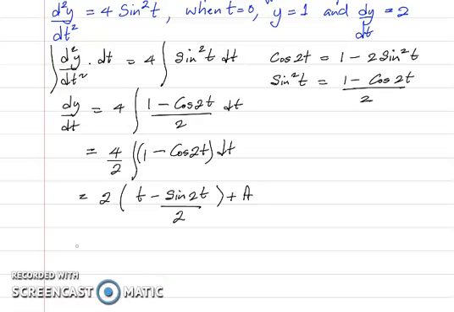So let's expand this. Now we can go to our boundary conditions: when t is 0, dy by dt is equal to 2, so we can use that.